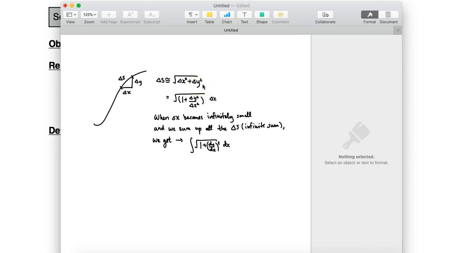So you have delta x squared times 1 plus delta y squared over delta x squared. Then the delta x squared that you factored out, you can pull out of the square root, and it's delta x. So delta y squared over delta x squared can be written, when we go to infinitely small intervals, as (dy/dx) squared. So here's how you get the formula that we just mentioned.